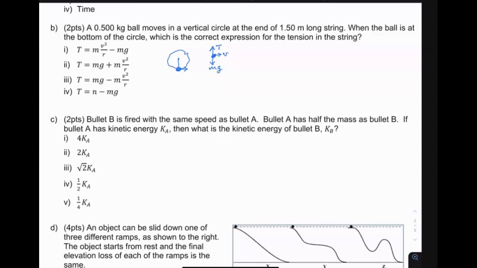So if we sum the forces in the y direction, we have the tension minus mg is the net force, which is equal to the mass times the acceleration, which is v squared over r. So the tension is equal to mg plus mv squared over r. So the correct answer is choice 2.